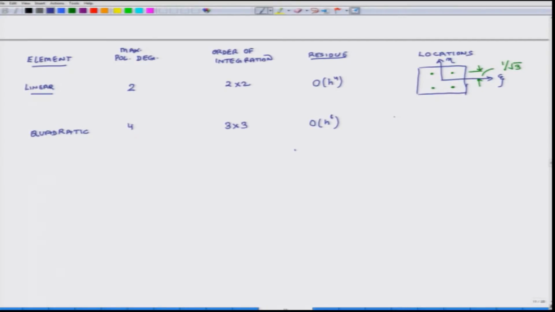Let us look at the quadrature points here. Once again this is the master element, minus 1 minus 1 to 1 1, and I evaluate it at nine points.